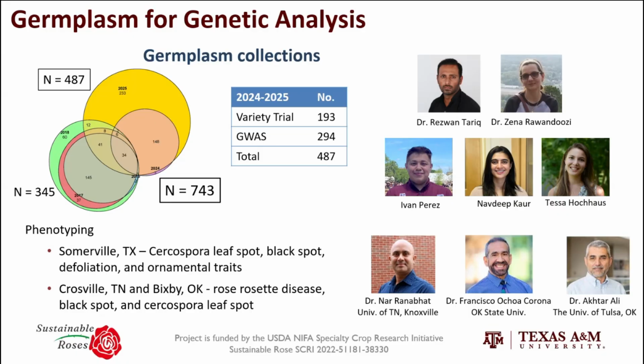Similarly, Reswan talked to you about the GWAS panel. I know the numbers of what he showed and what I'm showing are slightly different depending on whether we want to count this or that genotype in any given case, but between 2024 and 2025, we've put together a collection of about 487 individuals, about 200 or so from the variety trial, and then we put an extended set of varieties and breeding lines that we call the GWAS.